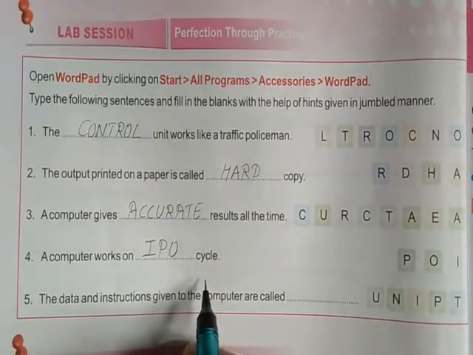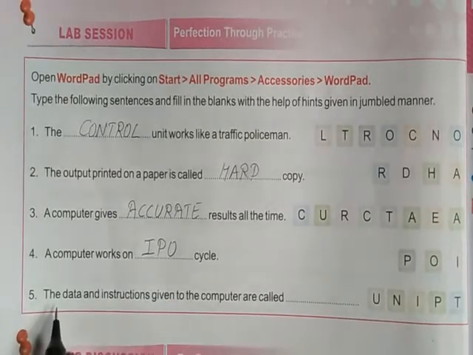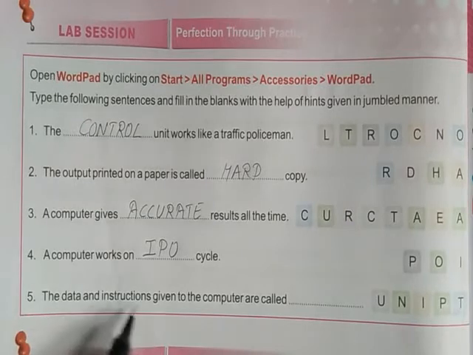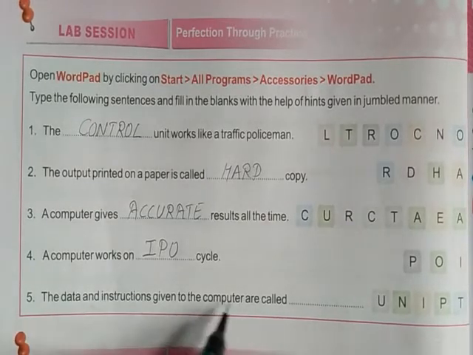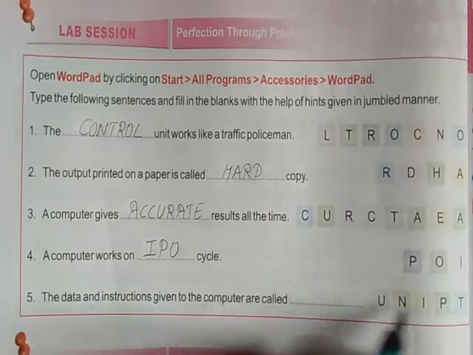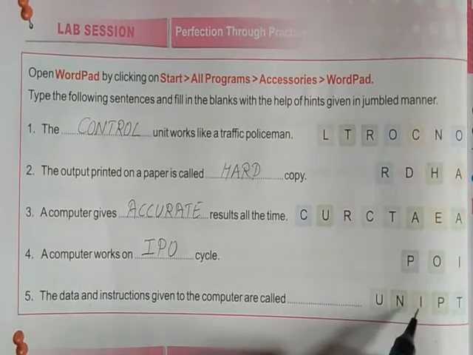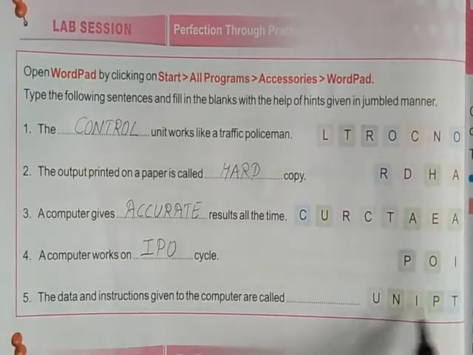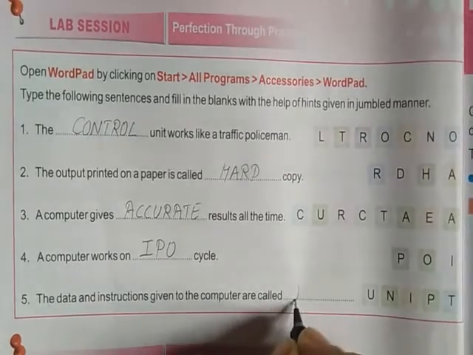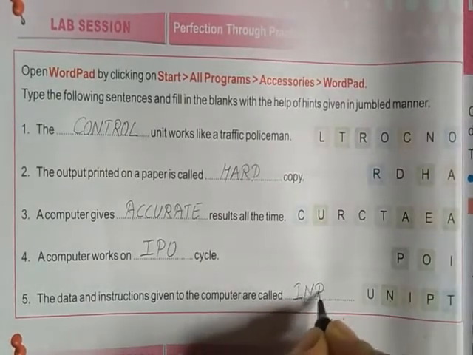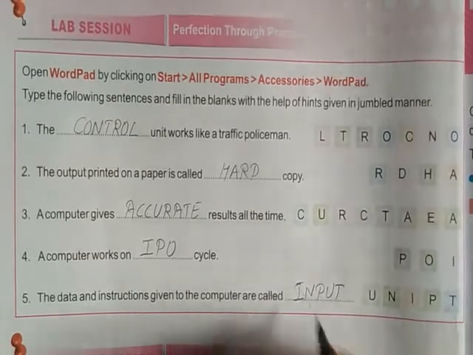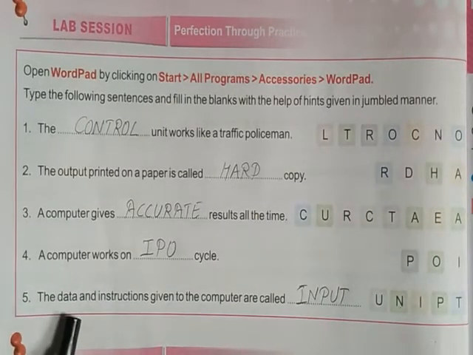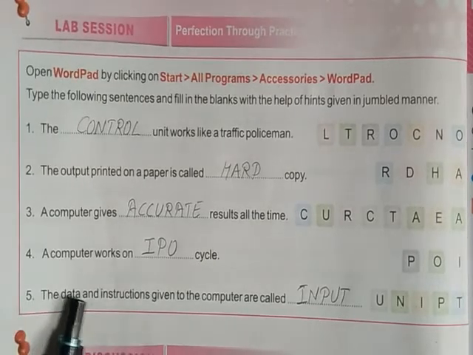Okay, now the last is, the data and instructions given to the computer are called, yes, input. INPUT. So you can write here INPUT. Okay, so children, here we completed all the activity section also.